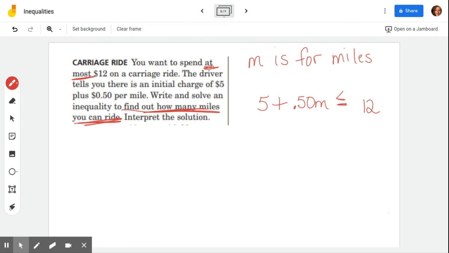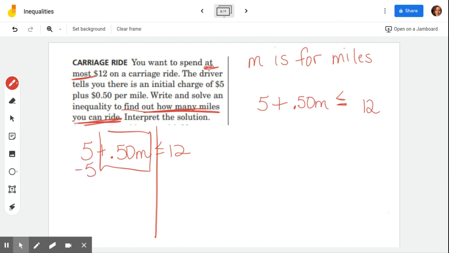To solve it, I'm going to go over here to the side so I don't mark up that part of my answer there. 5 plus 0.50 M is less than or equal to 12. I'm going to box it, I'm going to split it, I'm going to box it. Opposite of that, adding 5 is subtracting 5. So then I get 50 cents times every mile is less than or equal to 7.